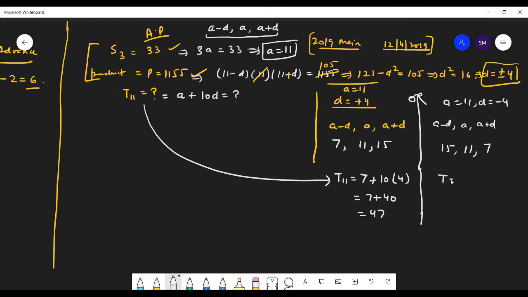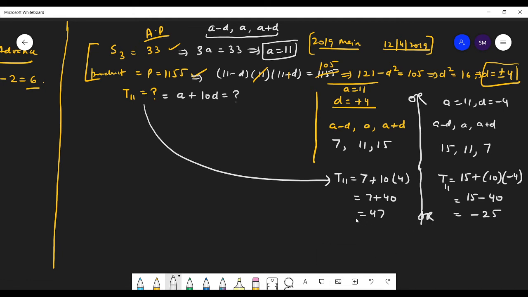T11 equals first term plus n minus 1, that is 10, and what is d here? Minus 4. So what do you get, students? Minus 25.